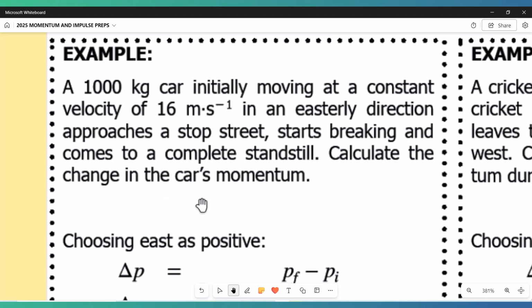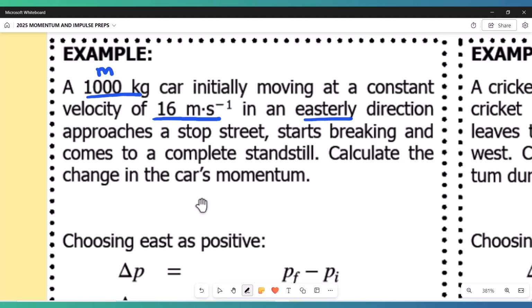I repeat, a car of this mass, which is 1,000 kilograms altogether, initially moving at a constant velocity. So this is the V initial. The V initial is 16 meters per second in an easterly direction. So if we take east positive, it's going to be positive 16.